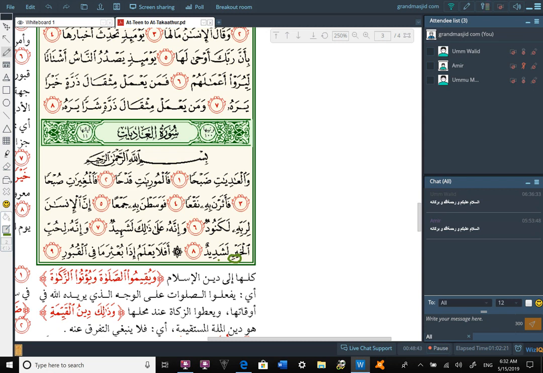Innahu li hubbil khairi la shadid. He works for the dunya, sweating and snorting the way the horses sweat and snort for Allah Azza wa Jalla, in the way of Allah. He kills himself for this dunya the way those horses go in the middle of the battle and some of them get killed in the way of Allah. وَإِنَّهُ لِحُبِّ الْخَيْرِ لَشَدِيدٌ.